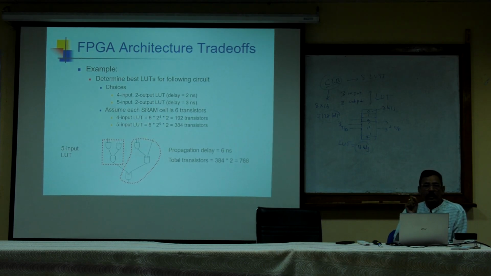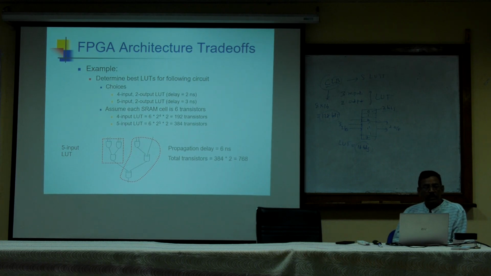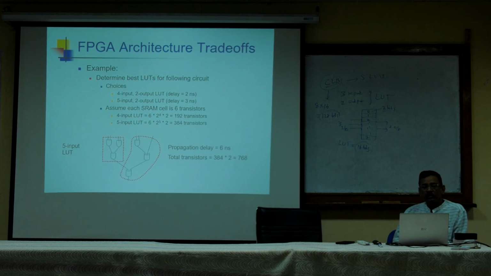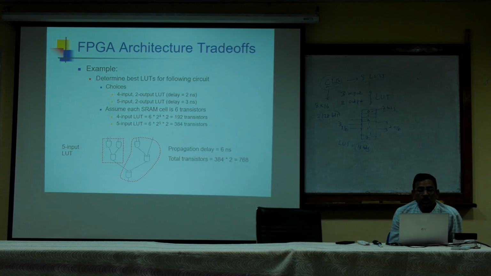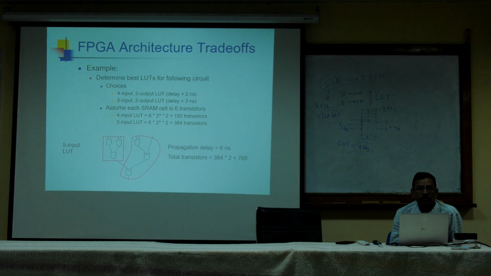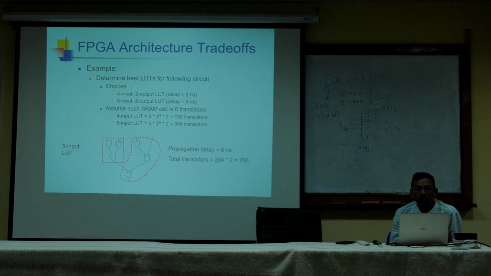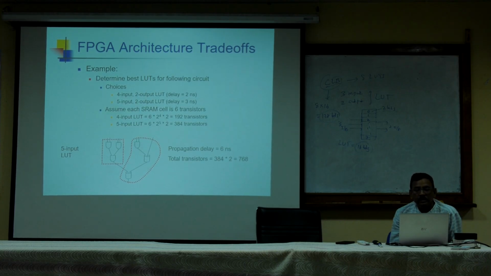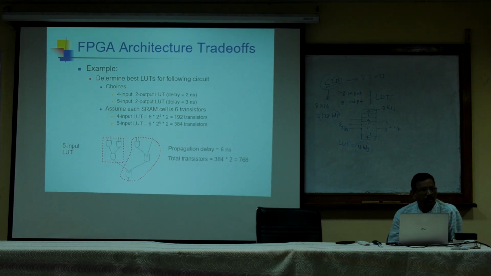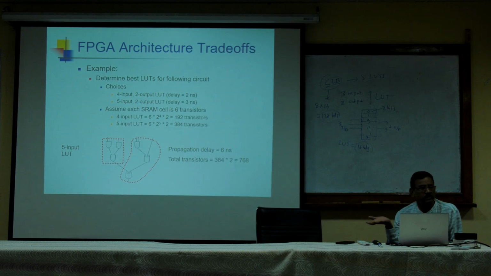If you use the 5 input LUT, we require 2 LUTs, because here 4 are there and here 3 are there, 3 inputs and 4 inputs, so 2 LUTs are required. 2 LUTs means the total area is 768 transistors.